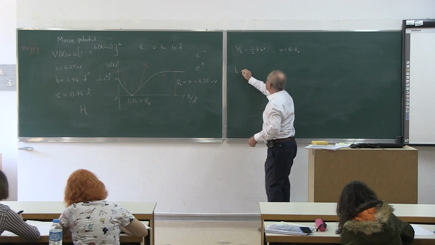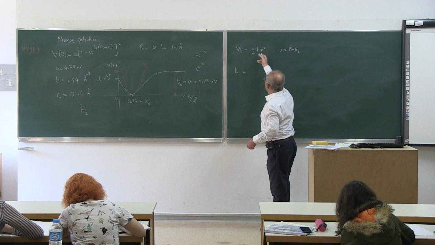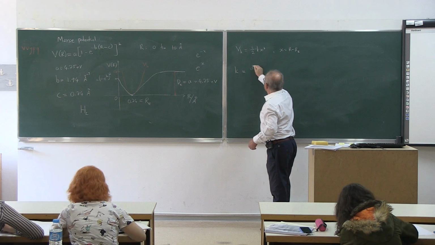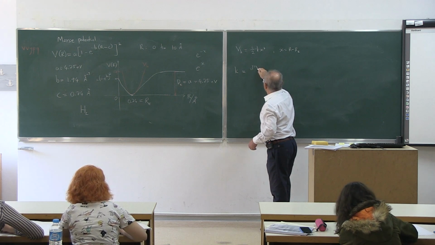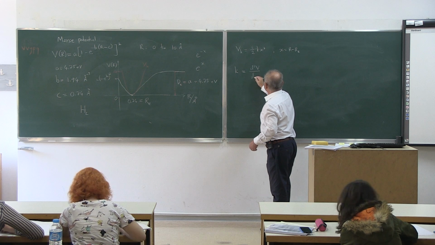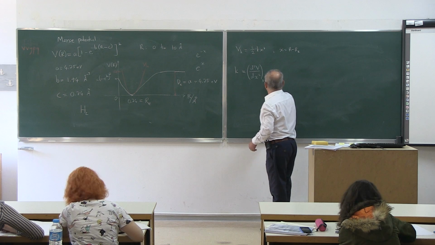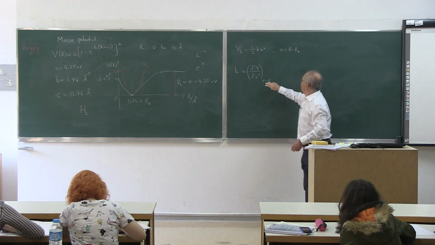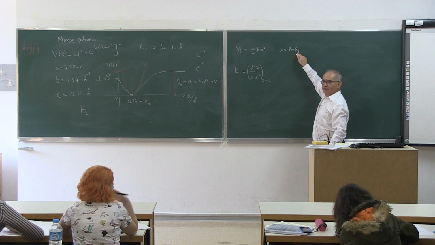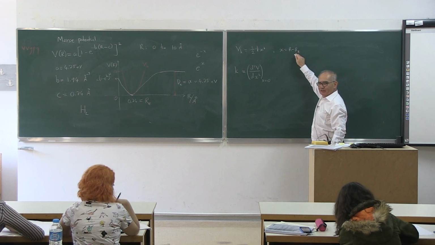This K, you can see it from here also, is the second derivative of V with respect to x, evaluated at x equals 0. x equals 0 means r equals the equilibrium bond length.